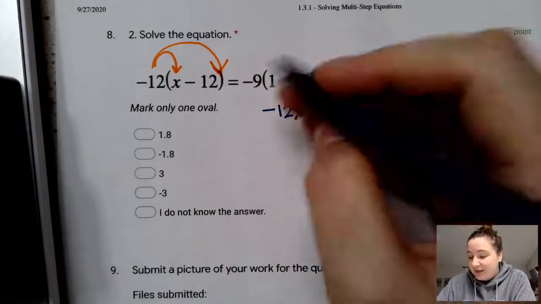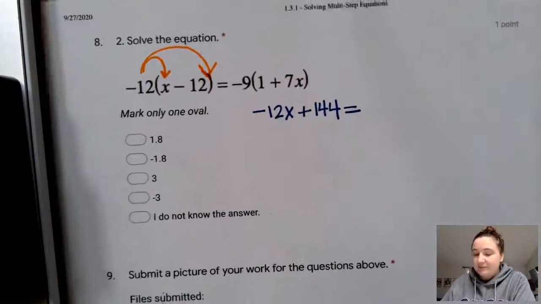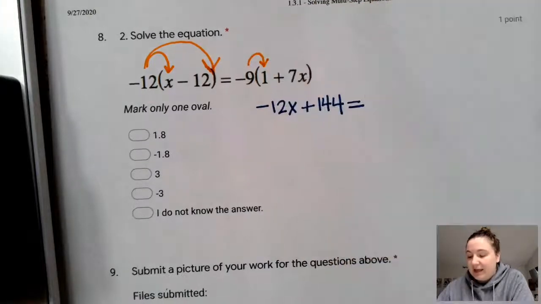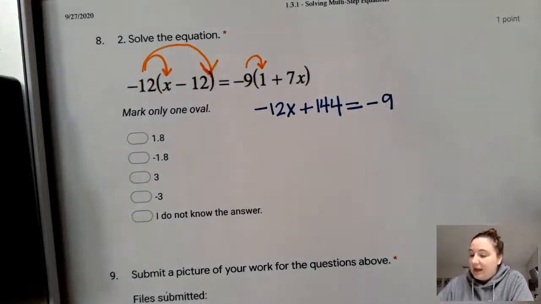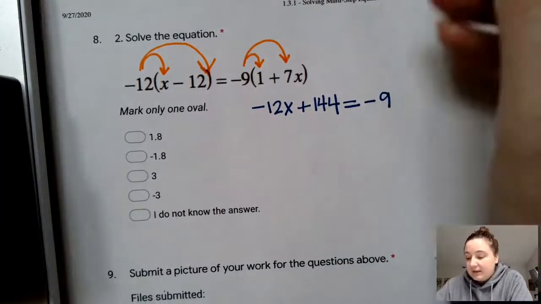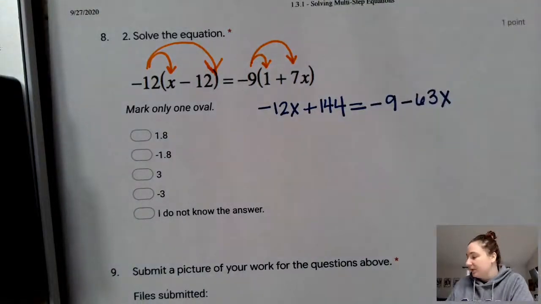Then we have that equal sign, and negative 9 times 7 to give me negative 63x. And since I have some big numbers, I'm going to grab my calculator and have that handy for when we need it.